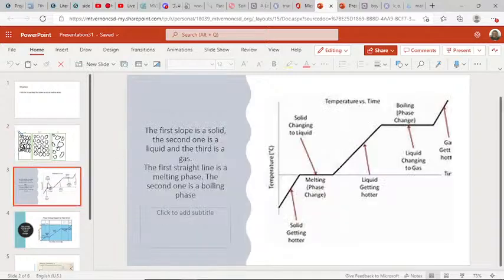So this right here is now a diagram of it. In this case, I showed water.